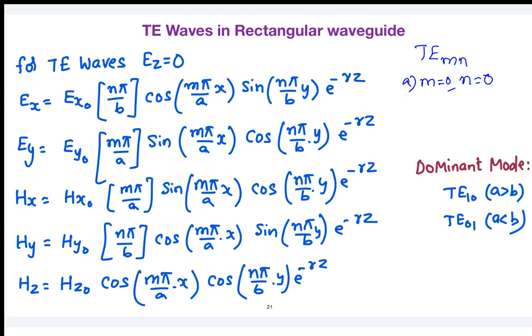And of course, since the wave is propagating in the z direction, you should never have an electric field in the z direction. Which means the wave is not existing at all. So this case is ruled out.